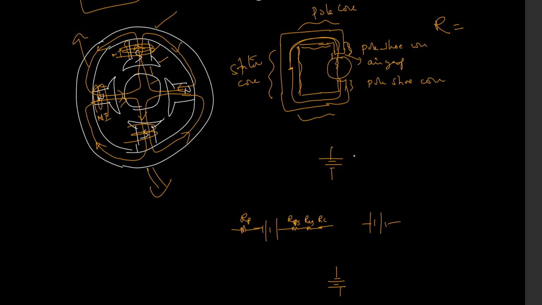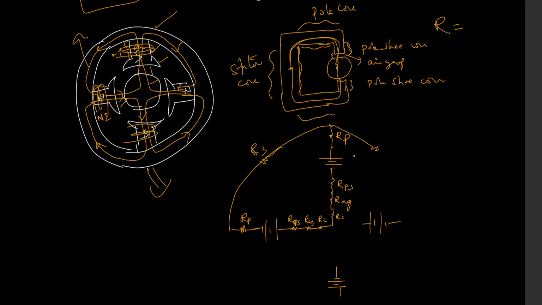Now same type of, this is, we have core, then we have RAG, then we have R pole shoe, then south pole MMF, then we have again RP, and then we have RS. I hope you have understood, right? So the similar type of, this is RS.